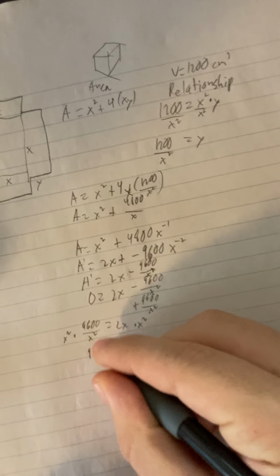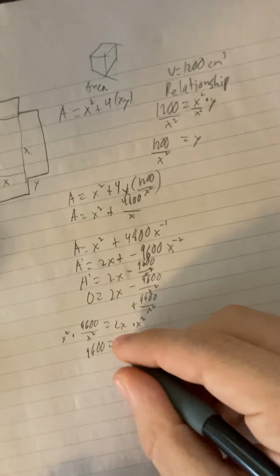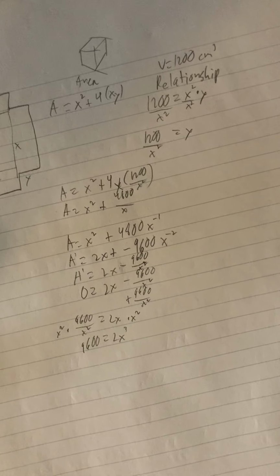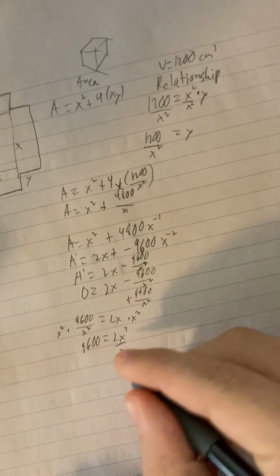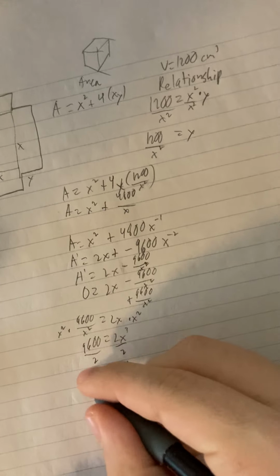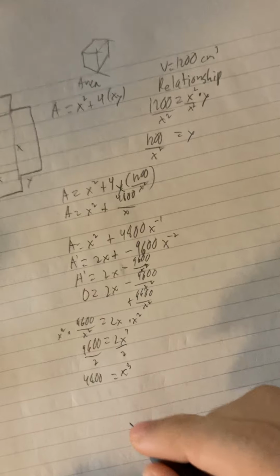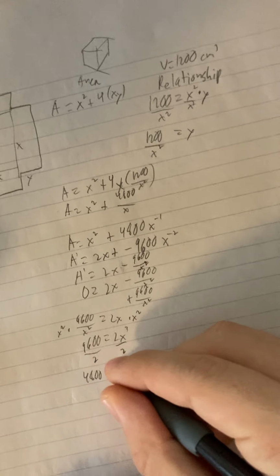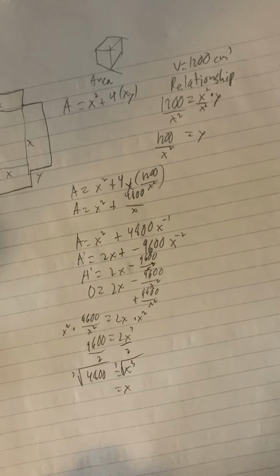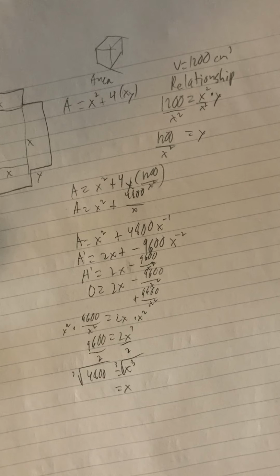That leaves us with 9600 equals 2x to the third. Now we divide by 2, and x to the third equals 4800. Now we take the cube root. x equals 16.869.